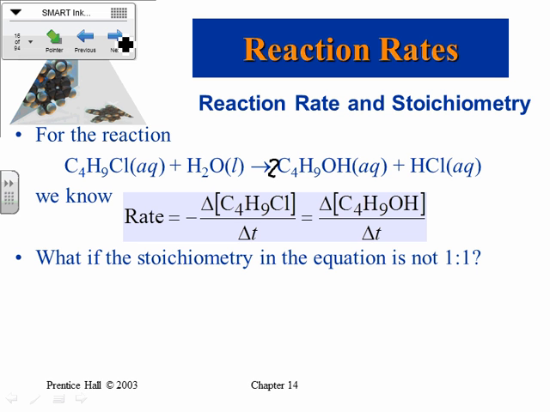I just made it unbalanced, but don't worry about that. Let's say that was a 2. Then this would be appearing 2 times as fast as this is disappearing, right? So you just have to keep the stoichiometry in mind if you're relating the appearance of one thing to the disappearance of another.